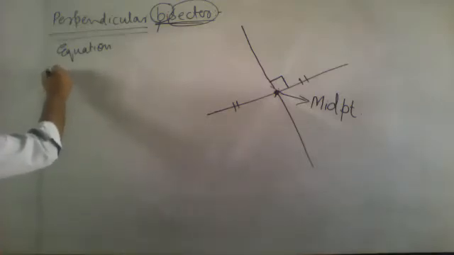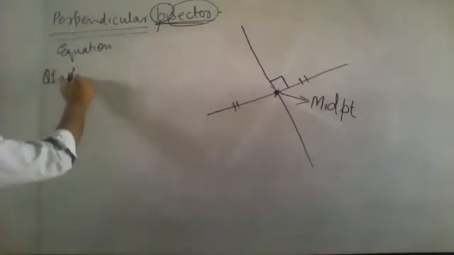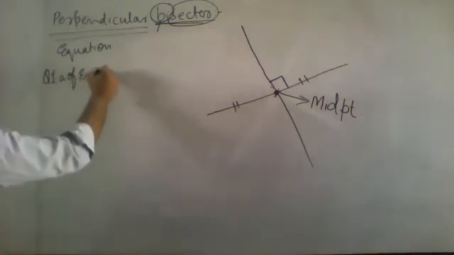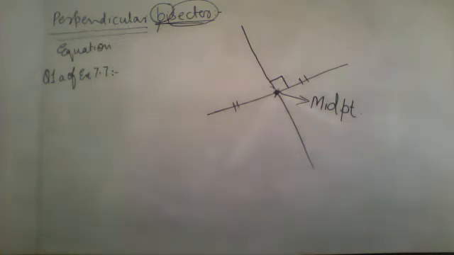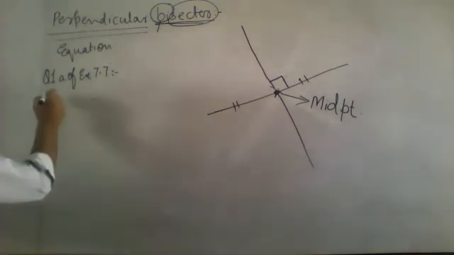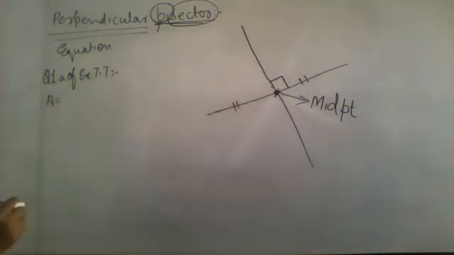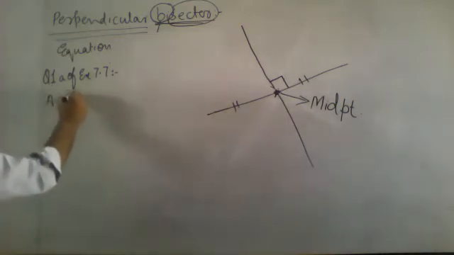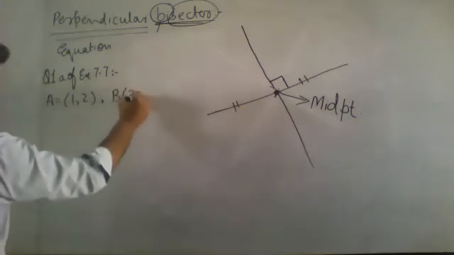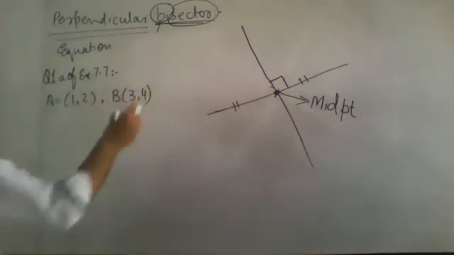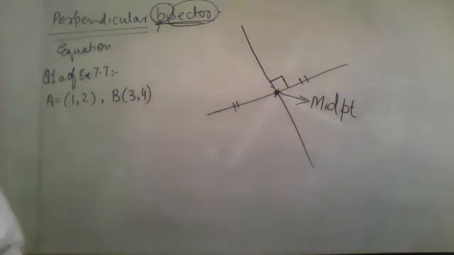Question number 1A of exercise 7.7. Now the question says few coordinates are given to us. The coordinate A is given as (1, 2), and the coordinate B is given as (3, 4). These are the two coordinates which are given to me.